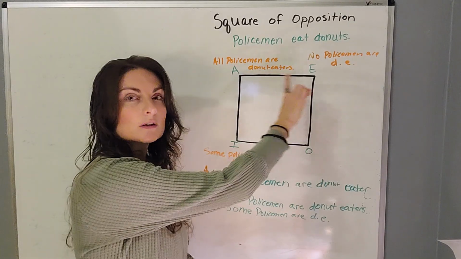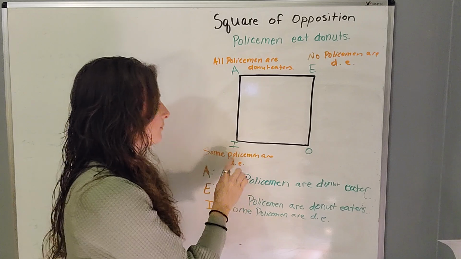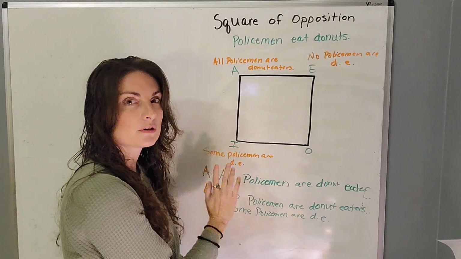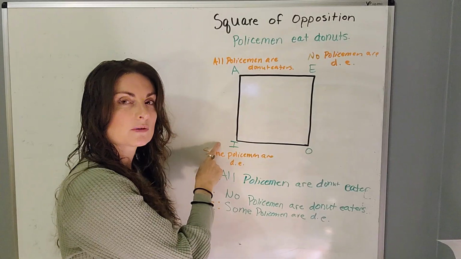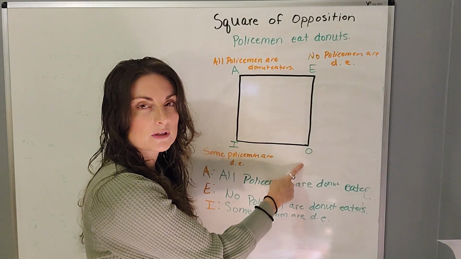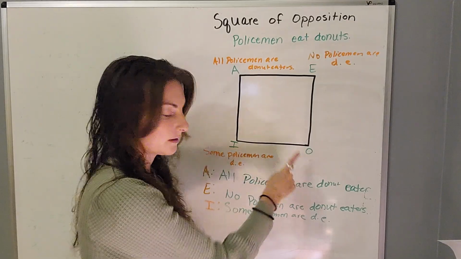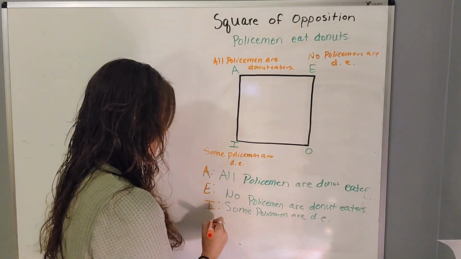Now this one is the negative side of we're talking about part of the group. Up here, we're talking about the whole group. Down here, we're talking about part. That's why we use the word some. So both statements on the bottom are going to start with some. This side is positive, though, so it says some are. This side is negative, so it's going to say some are not. So, again, I'm going to start with the word some.